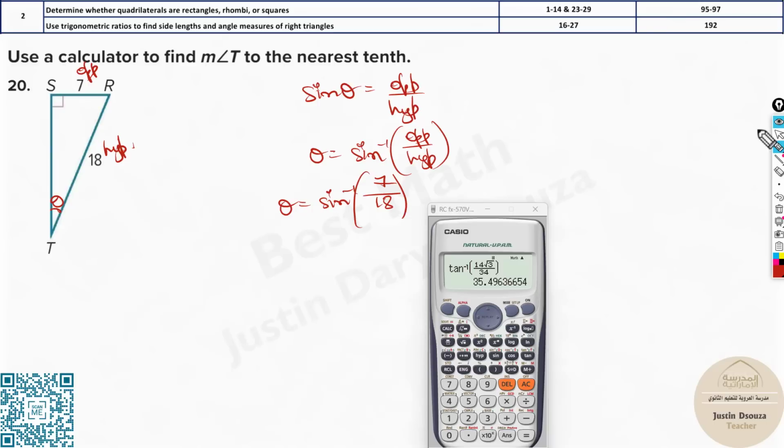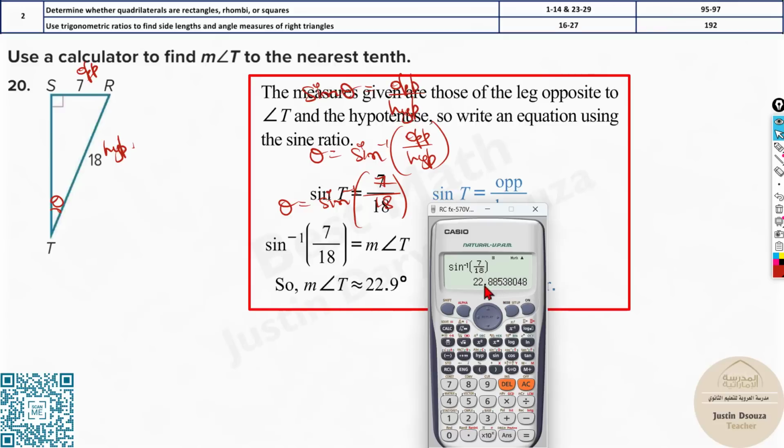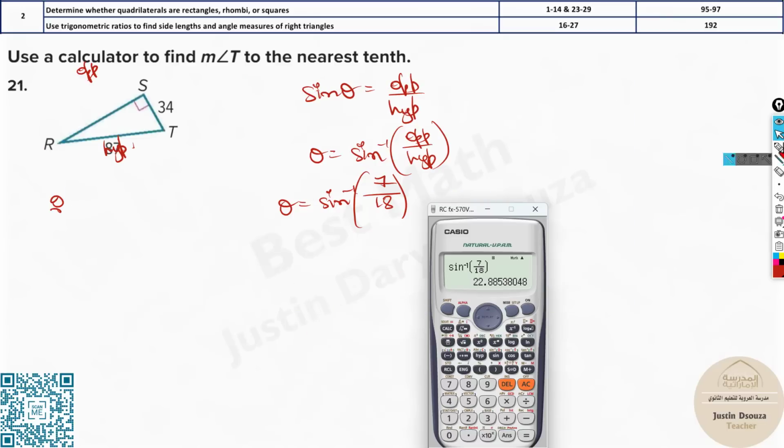That's it. You just put it in the calculator and round it off to the nearest tenth. That'll be sine inverse of 7 divided by 18. And let me close the bracket over here. 22.9 would be the final answer. So you can write theta is equal to 22.9 and then measure of angle T is 22.9 degrees. Don't forget the degrees symbol.